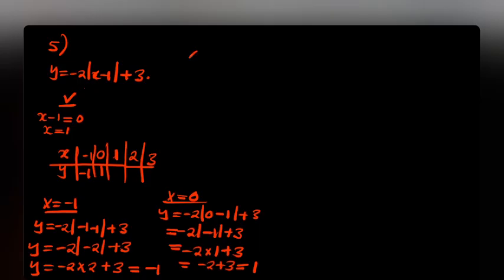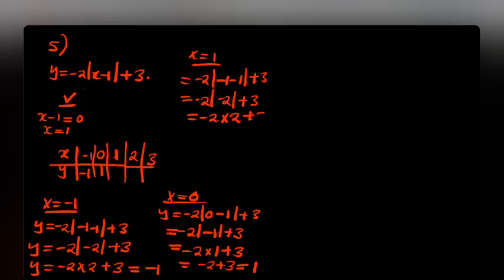So again we do the same. Where there's x, we put a 1. Okay, so we have negative 2, the modulus of where there's x, negative 1 minus 1, then plus 3. So now this will give us negative 2, then negative 1 minus 1, which gives us negative 2, plus 3.